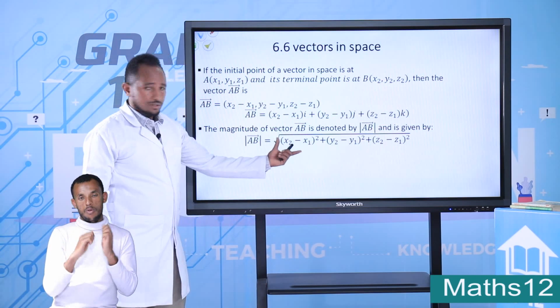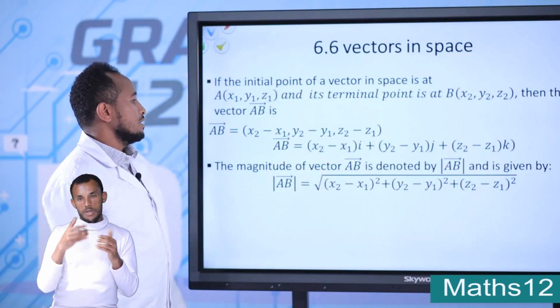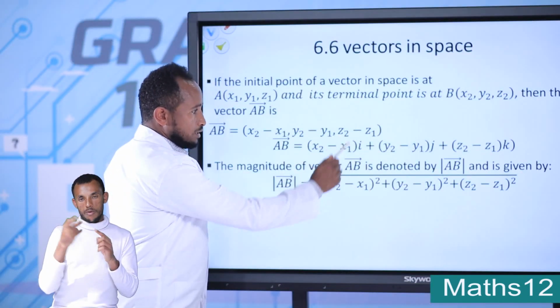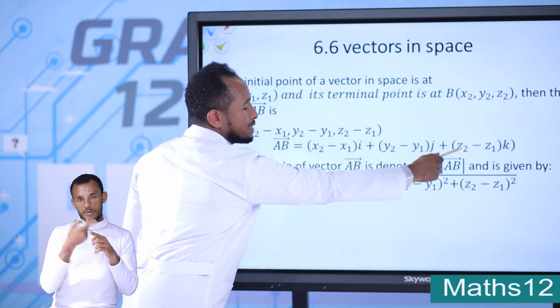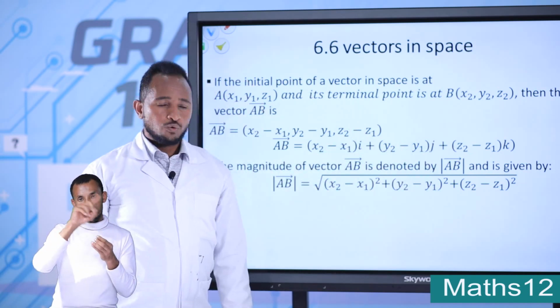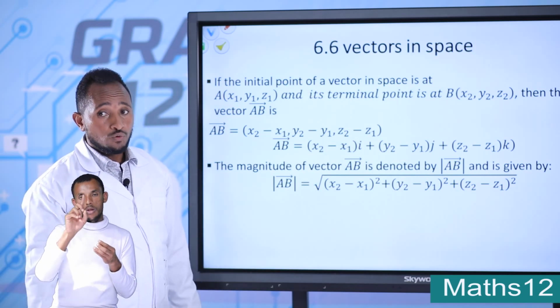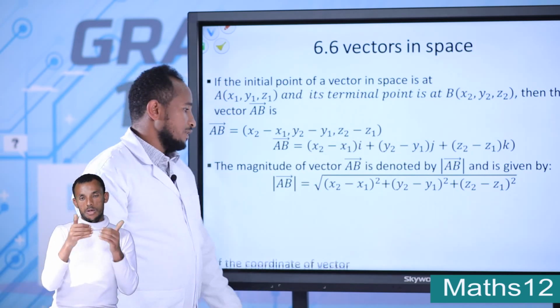So the magnitude of AB is the square root of (x2 minus x1) squared plus (y2 minus y1) squared plus (z2 minus z1) squared.